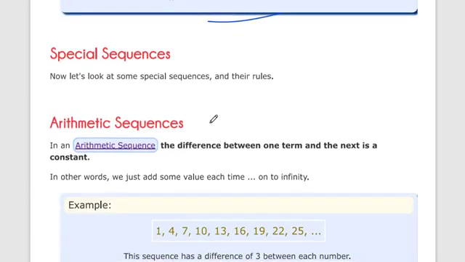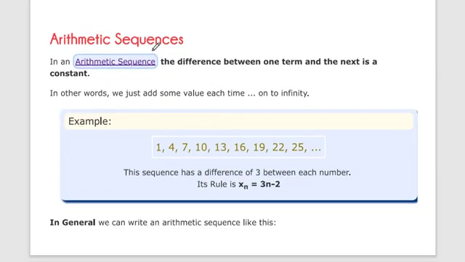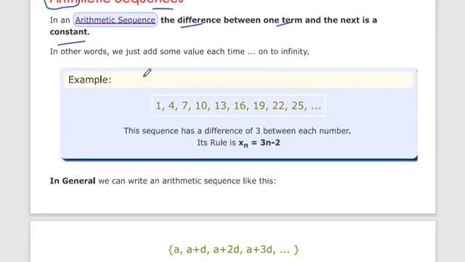Now some different types of sequence, like the arithmetic sequence. In an arithmetic sequence, the difference between one term and the next one is always constant. Arithmetic means the difference or addition between two terms is always constant. Here you can see that the difference is 3 between all the terms.